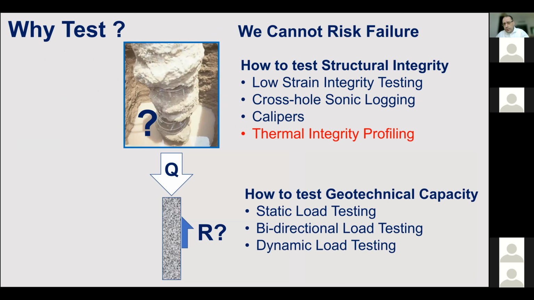To determine the structural integrity, you can do low strain integrity testing, cross-hole logging testing, or calipers. Some methods enable you to look at the shaft geometry before you pour the concrete. And one of the newer methods we're going to talk about is the thermal integrity profiling.